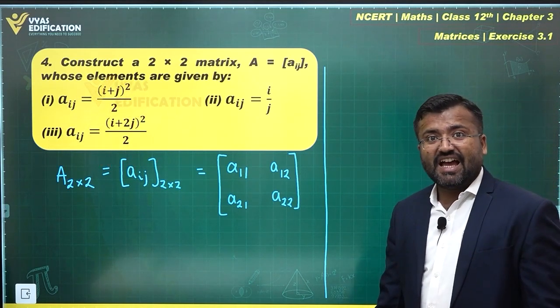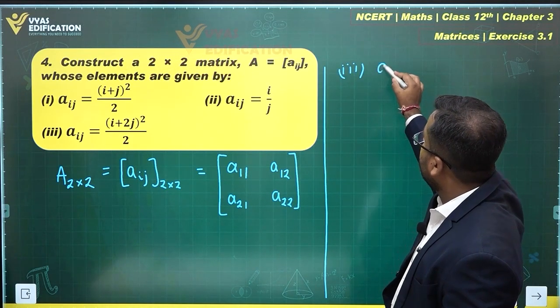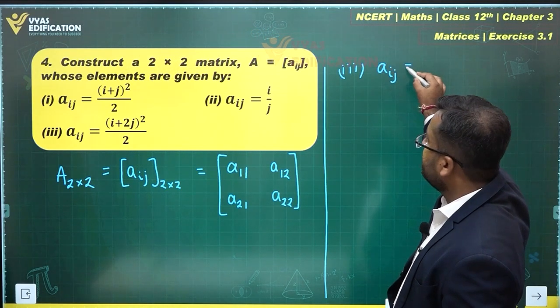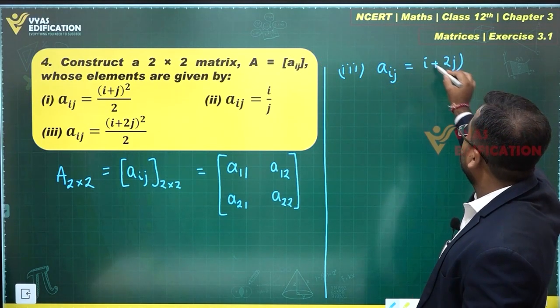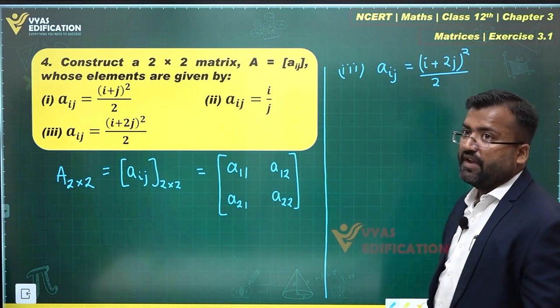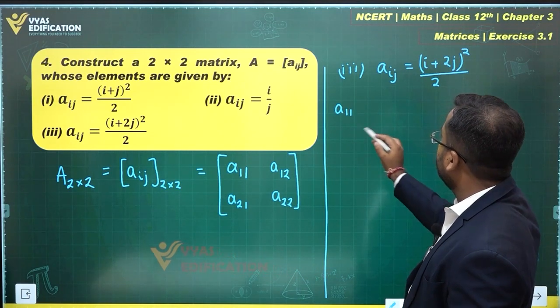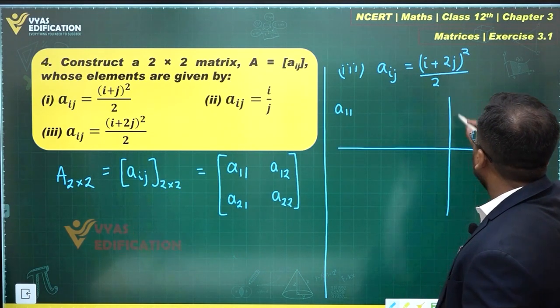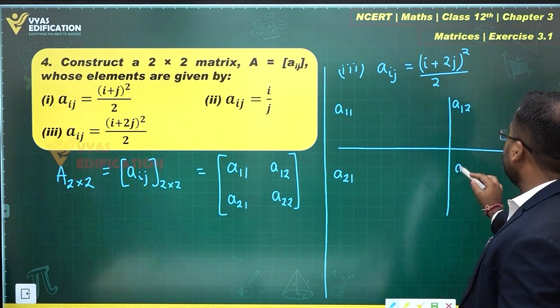What does part 3 have in here? Aij is equal to (i plus 2j) whole square, divided by 2. So let's try to find A11, A12, A21 and A22.